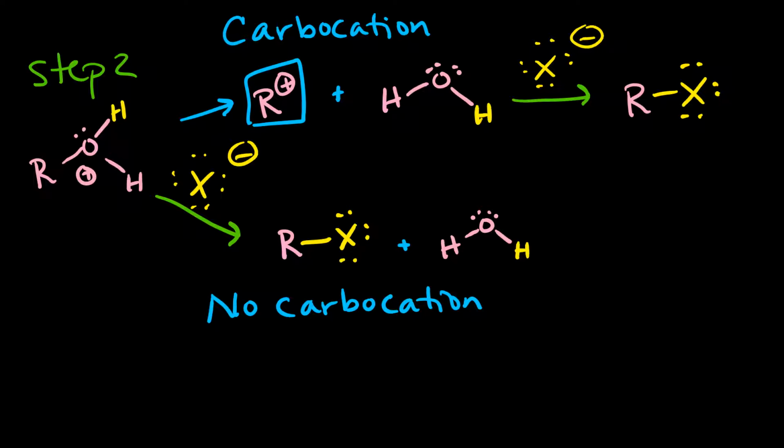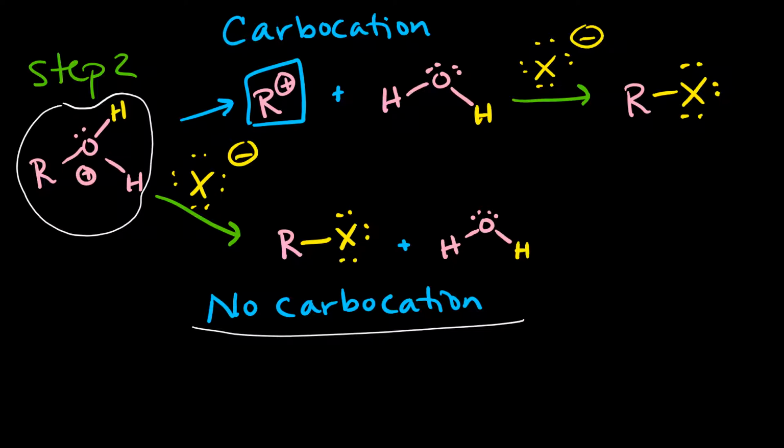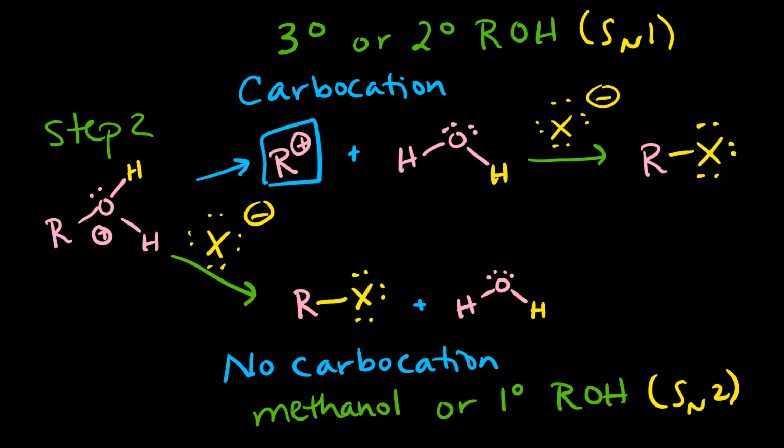Let's talk a little bit more about these two different pathways that the protonated alcohol can follow. You can either go through a carbocation or direct displacement with no carbocation. Hopefully you're able to see some parallels to what you learned about alkyl halides a few chapters back.